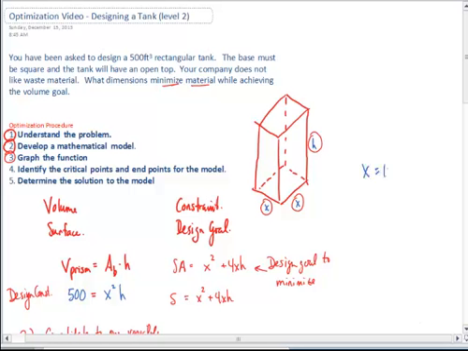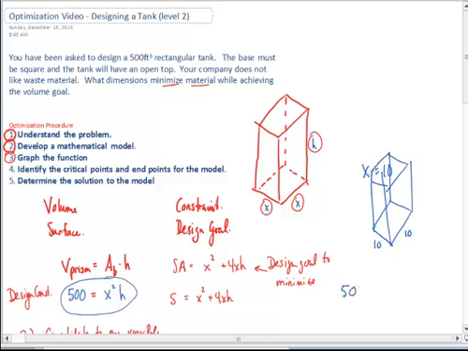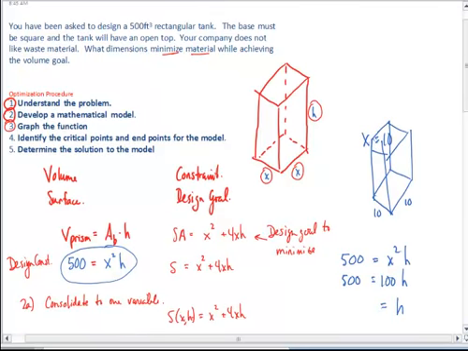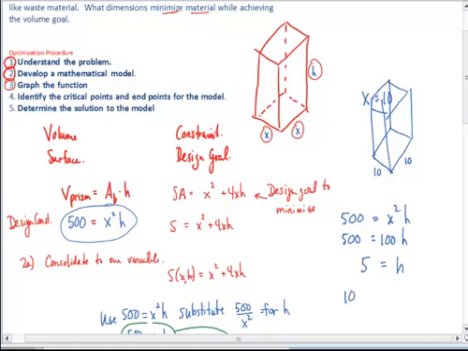So we found the value of x to be 10, so that meant that our base was equal to 10 by 10. So if our tank is going to have a volume of 500 feet cubed, we can just plug that into this equation here and solve for h, and we'd find that when we set the equation of 500 equals x squared times h, we know x is 10, so that forces the height of our tank to be 5, and our dimensions would result in being a tank that has a base of 10 by 10.